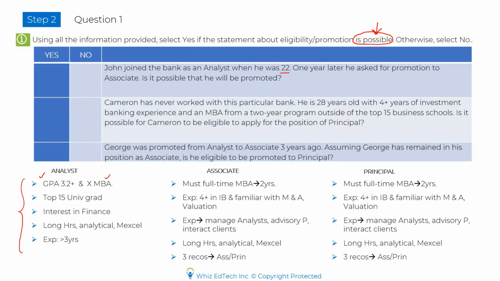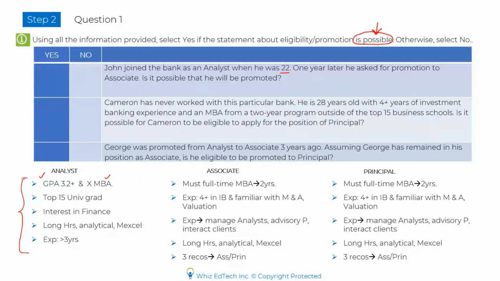One year later, he asked for promotion. He joined as analyst, so he already had these. One year later, he would not yet have more than 3 years of experience, right? One year later, he asked for promotion to associate. He wanted to move from here to here. Now, we don't know how many years you have to work as an analyst to be promoted to associate.